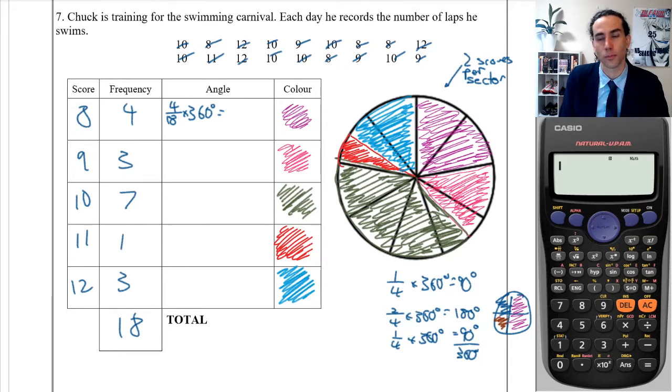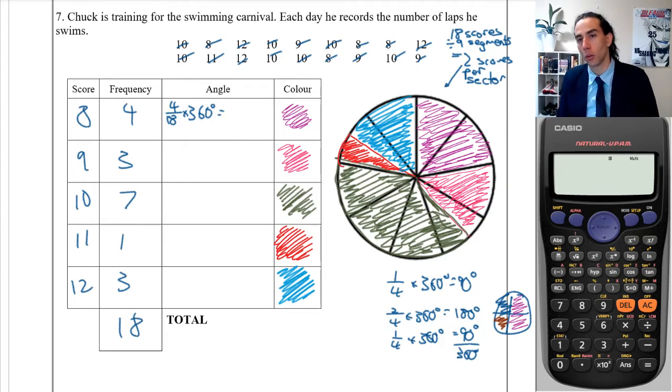Because you have to have 18 scores divided by 9 segments. Oh, a little bit of rates right there. There we go.